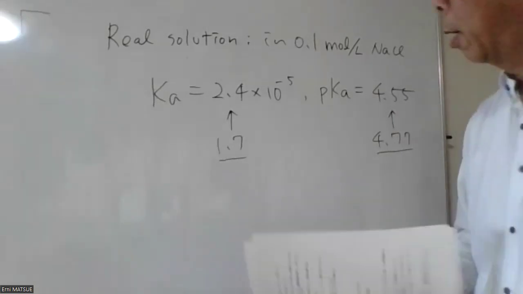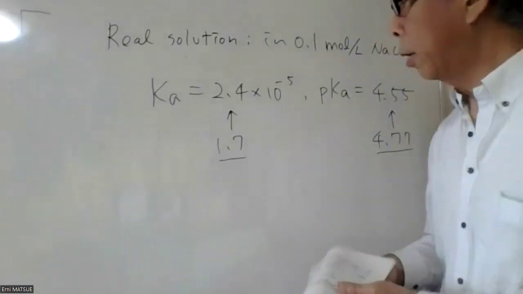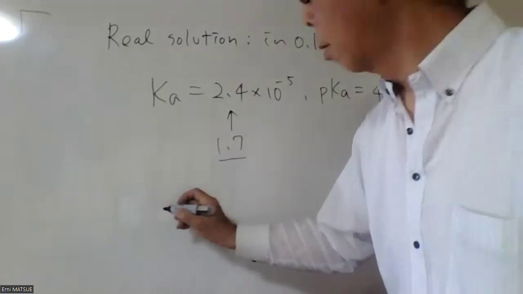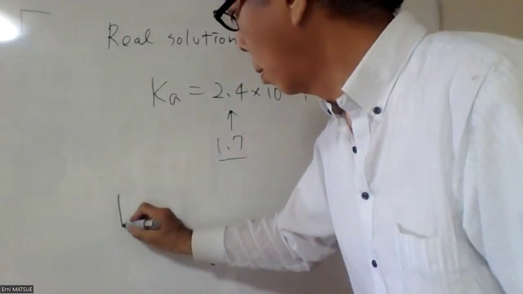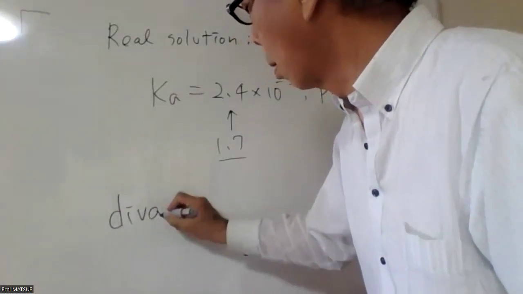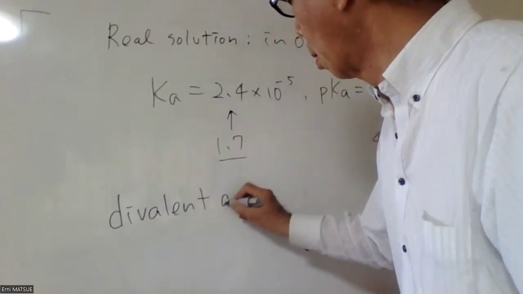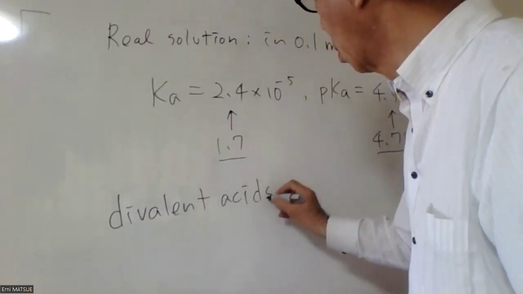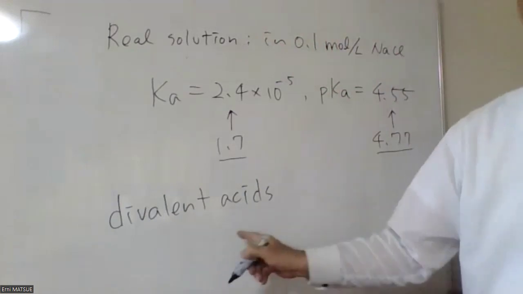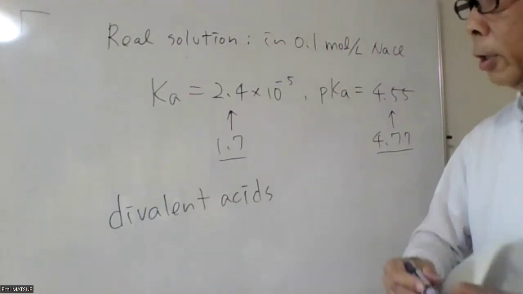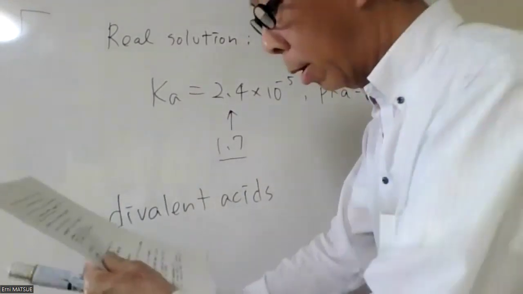Then next, divalent acid, such as carbonic acid.